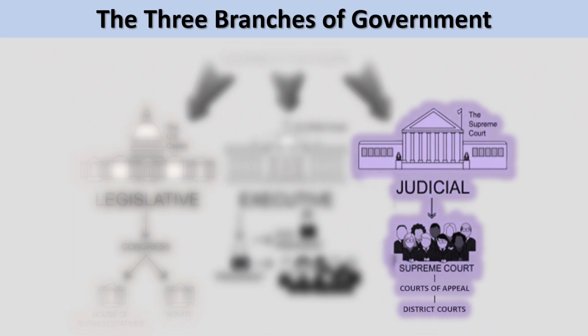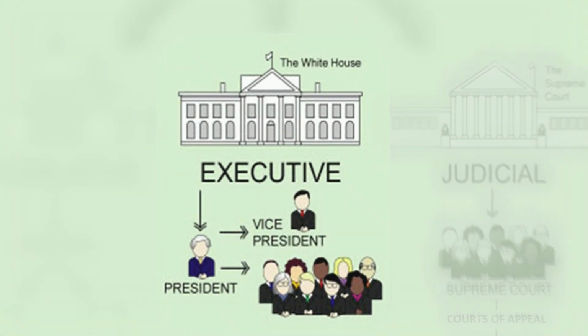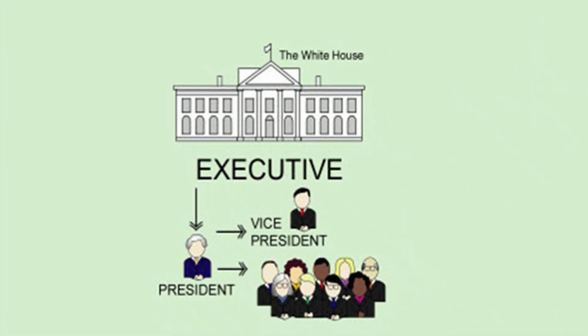The 9 Supreme Court justices and other people who work for the federal court system meet in the Supreme Court building in Washington, D.C. to do the work of the judicial branch. The president and other members of the executive branch meet to carry out their constitutional duties in the White House.